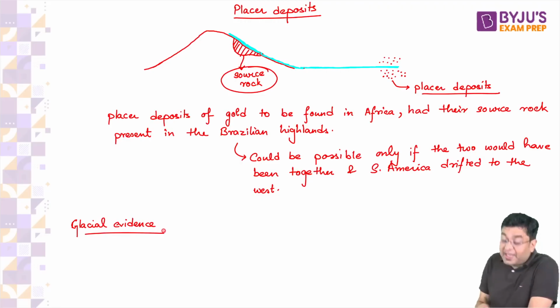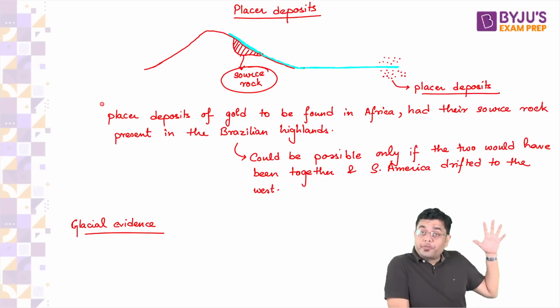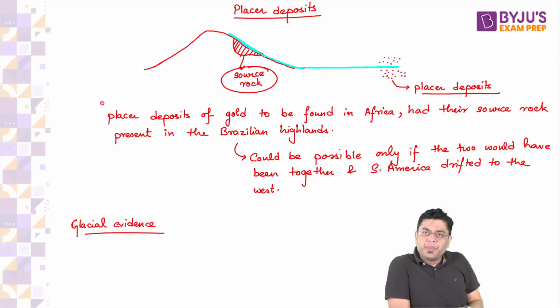Now, in the first class itself, we have seen what glaciers are. Glaciers are the massive blocks of ice which end up moving down the slope at a very slow speed. We have looked at that, isn't it?